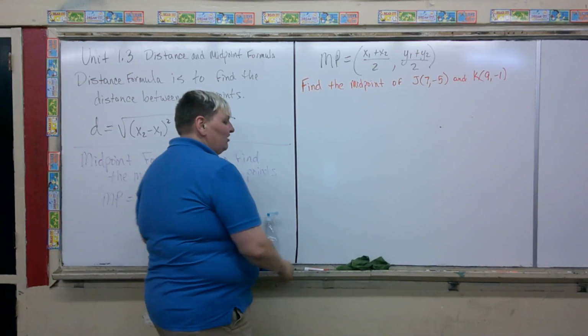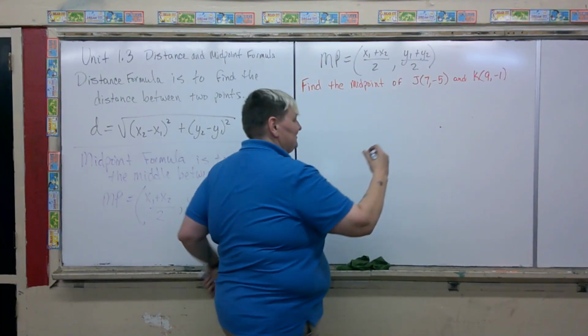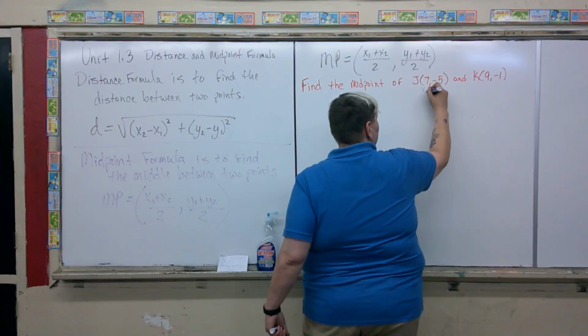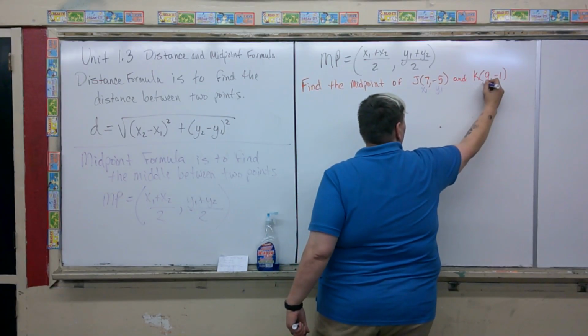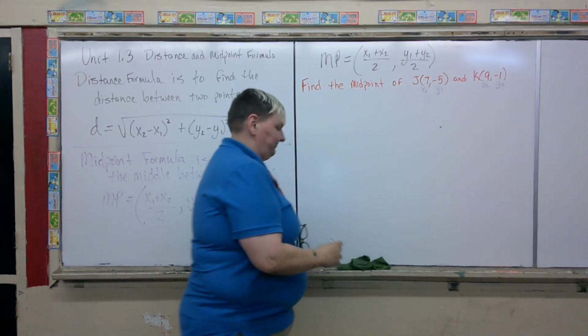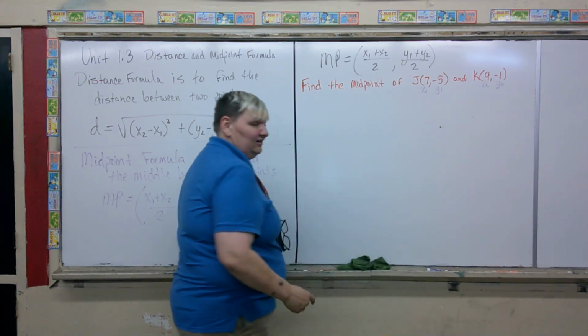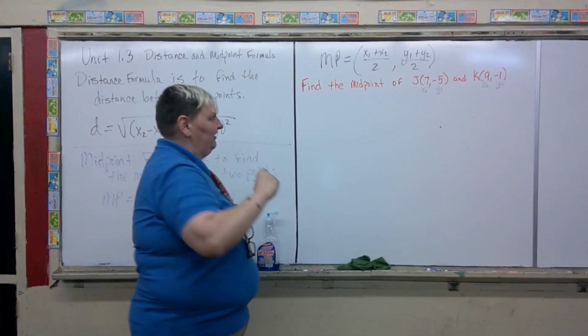All right, so you start the same way. You start by labeling your points. First X, first Y, second X, second Y. Then you put them into the formula, slowly and carefully.